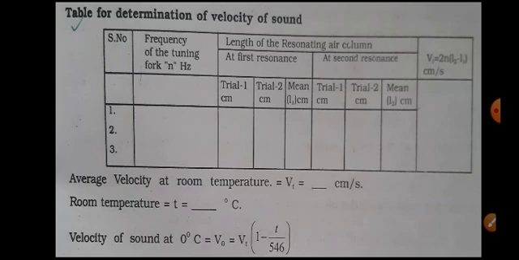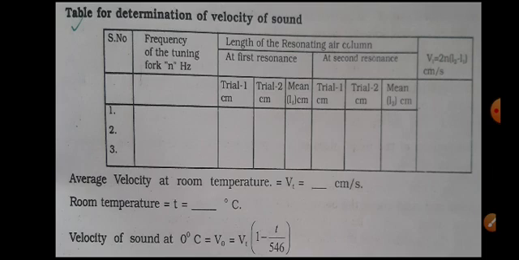Then you will get the first resonating length. Now repeat the experiment by lowering the reservoir. You will get a second tone, the second resonating length. Note it, repeat the experiment a second time, and take the average of these two. Then you will get the second resonating length.